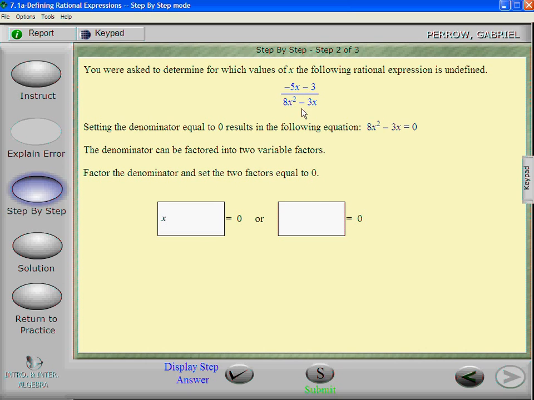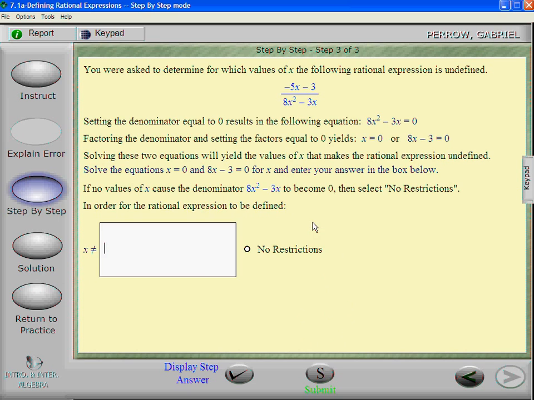After you factor out an x from these, in parentheses, you would have left an 8x minus 3, and you divide that x out of each initial term. So 8x take away 3 is in the other box.